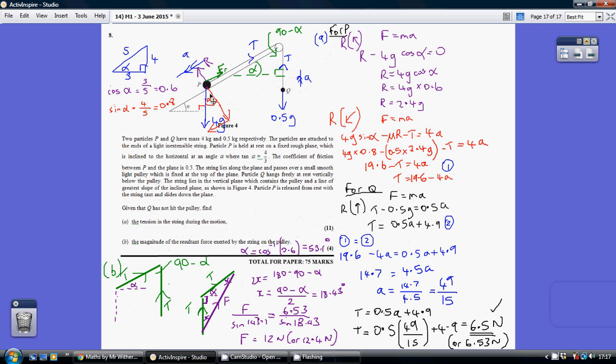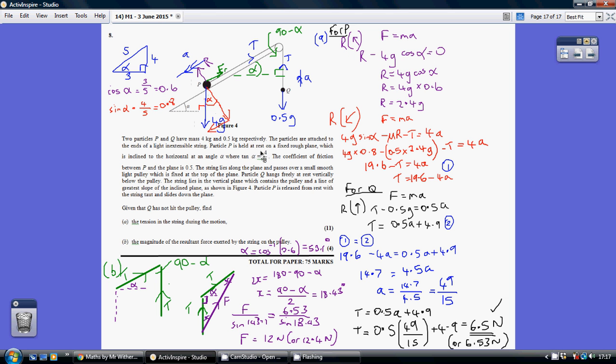So my net force is therefore R minus 4g, because the mass of P is 4 kilograms, so the force weight is 4g. So my net force is R less this bit here, which is 4g cos alpha, equaling 0.